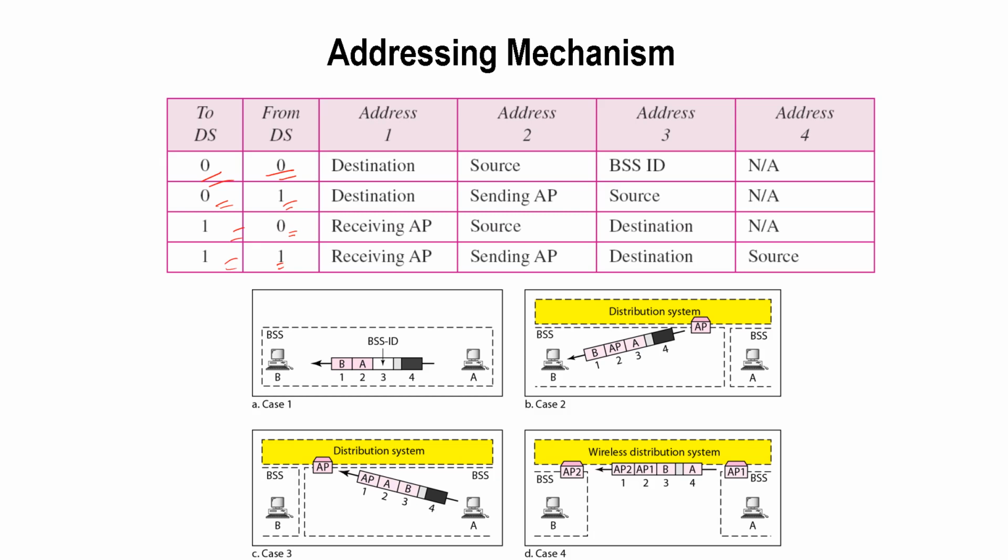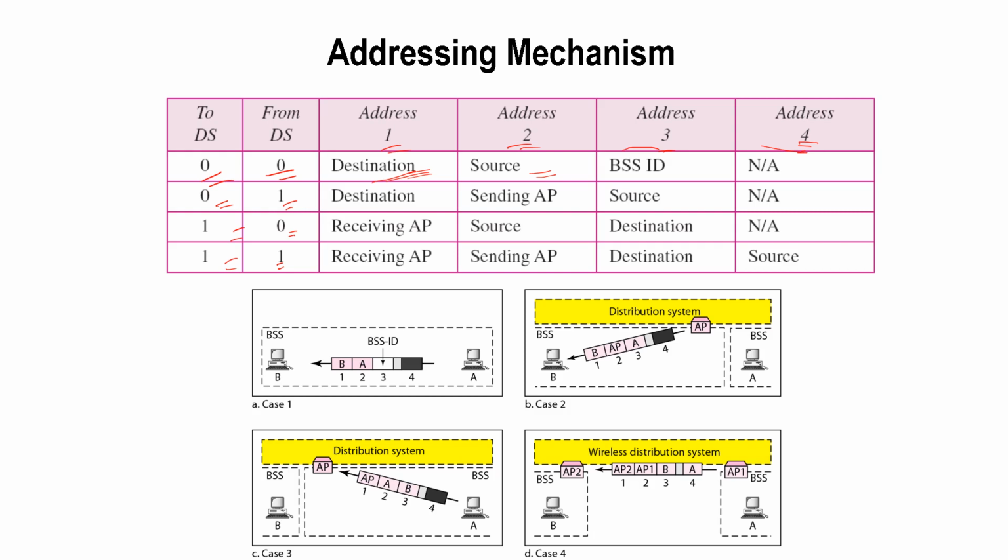Then there are four different address fields: address 1, address 2, address 3 and address 4. Here there will be an address; this address will be a destination address and address 2 is the source address.